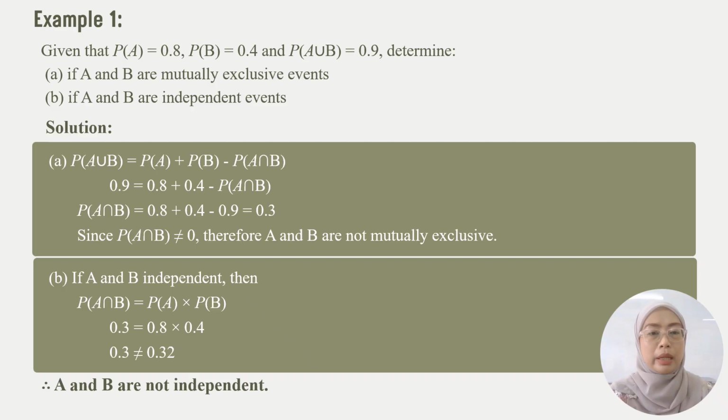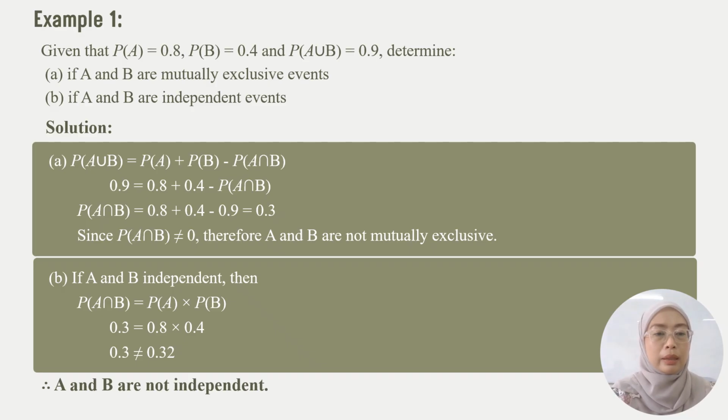Question A is about mutually exclusive events. As I mentioned in the previous slide, the formula states that the probability of A union B equals the probability of A plus the probability of B minus the probability of A intersection B. Based on the formula, we must find the probability of A intersection B. So you can just substitute the values into the formula.